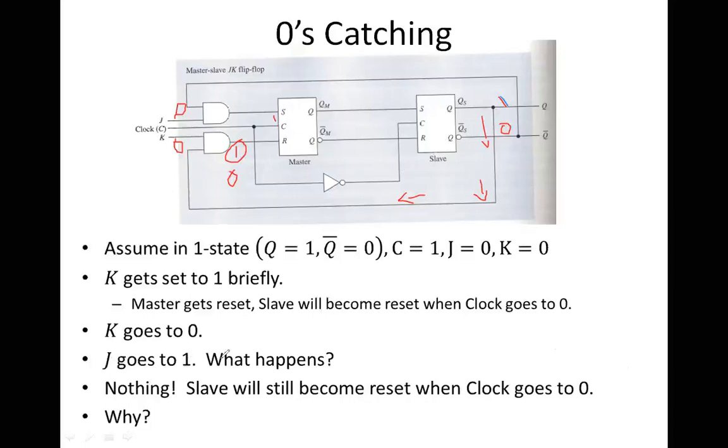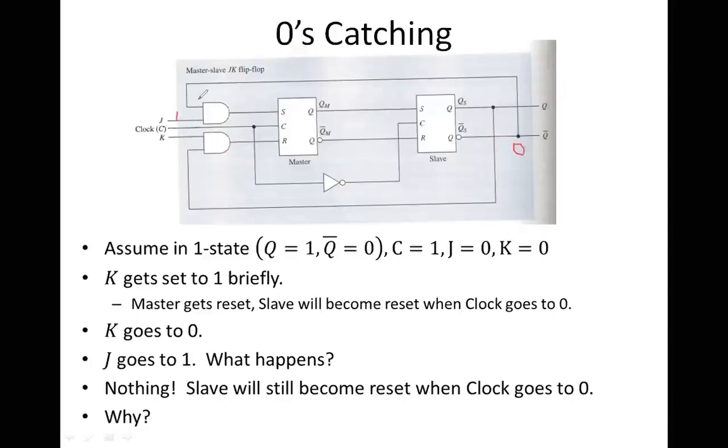J goes to 1, what happens? In this current state, when j goes to 1, nothing is going to happen because of your q bar. Initially we had q bar equal to 0.